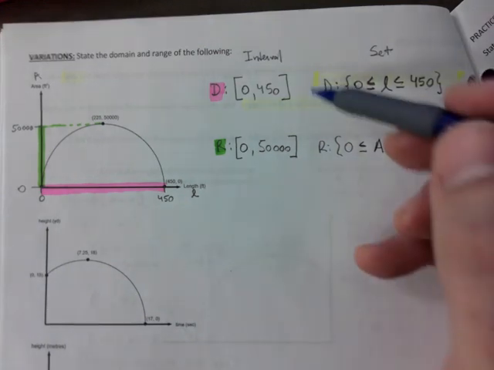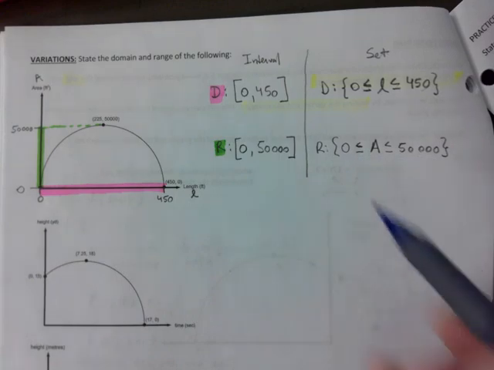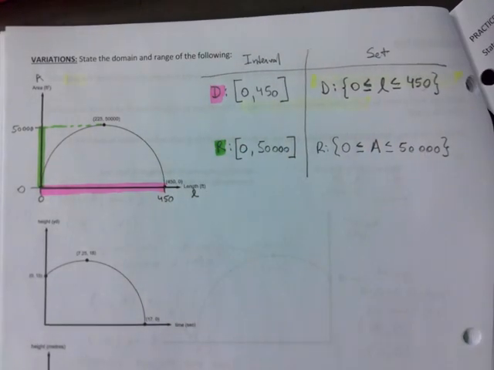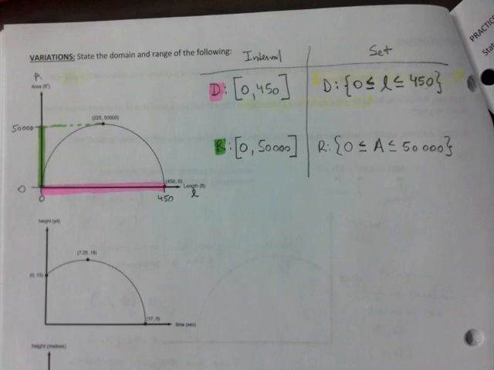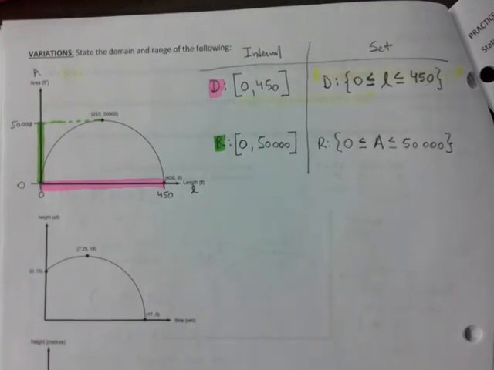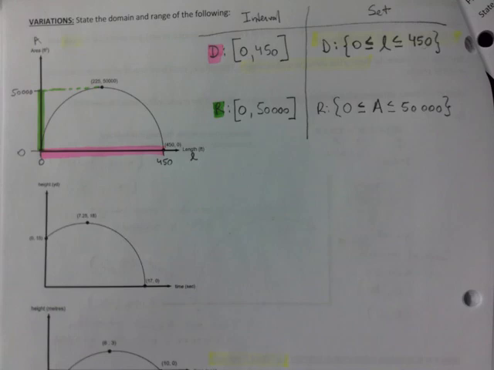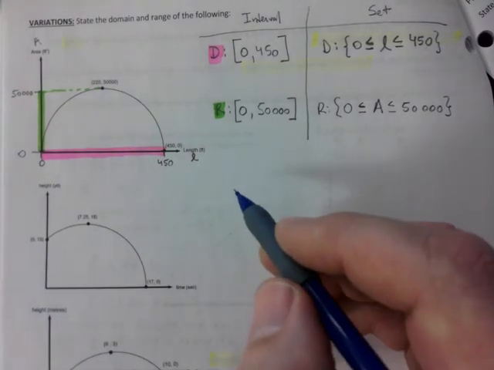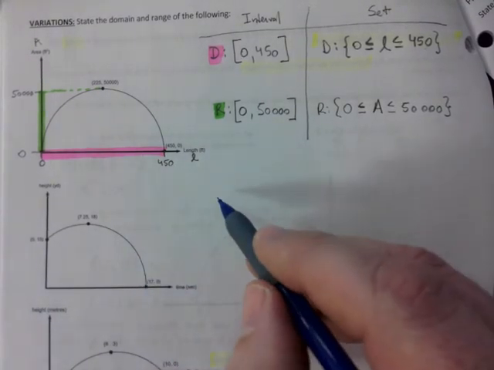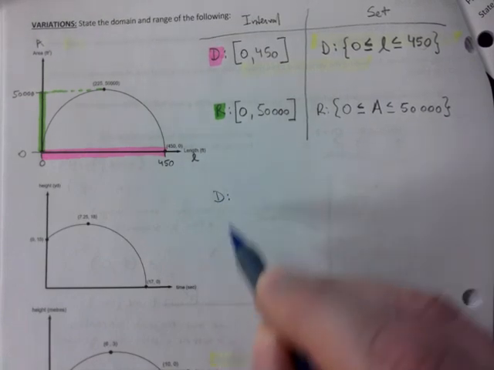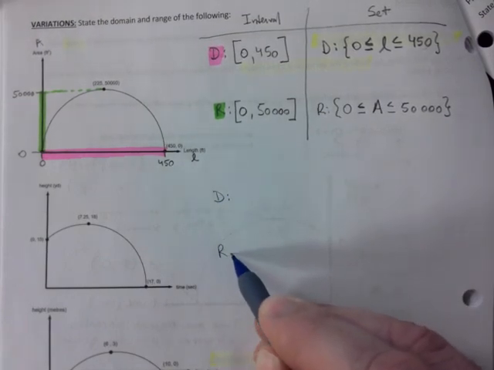So I don't know if you want to break this up, make a bit of a table like that. You try that. I want you to try just the interval notation, not the set notation, with this one. So you have a domain. Maybe don't highlight just yet. I'll do that with you.